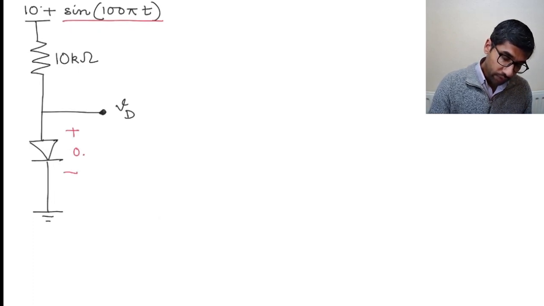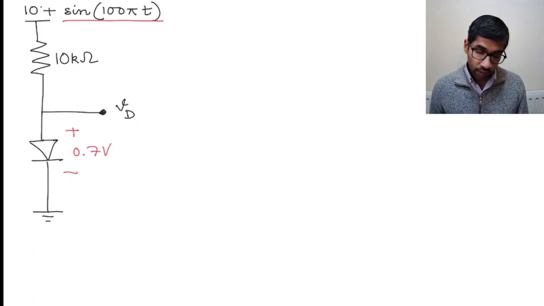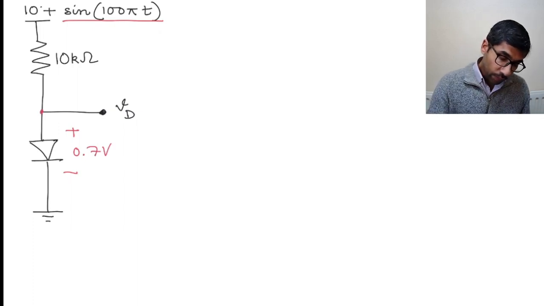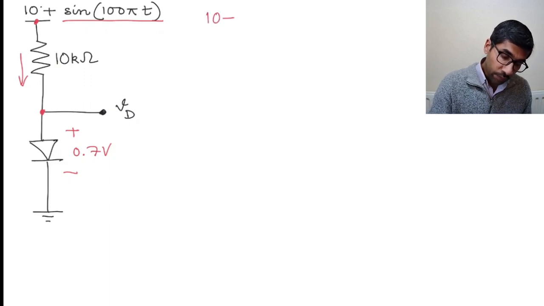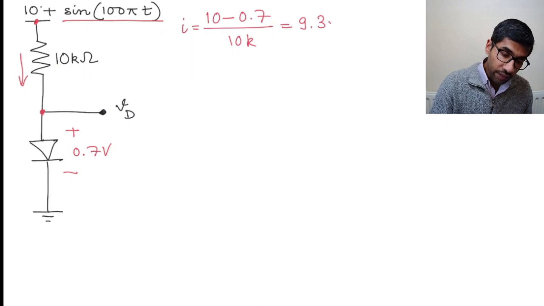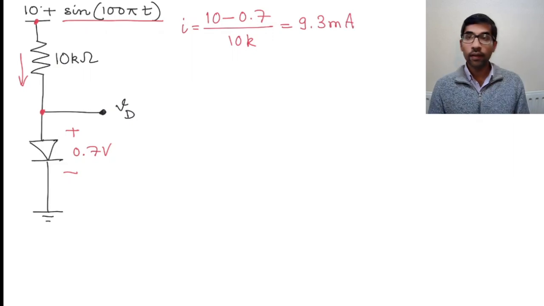In forward bias, you'll have a 0.7 volt drop. In that case, this will be 0.7, and what will be the current flowing through here? There's 10 volts at this point, and 0.7 volts here, so the current flowing will be (10 minus 0.7) over 10k. That turns out to be 9.3 milliamperes, right?